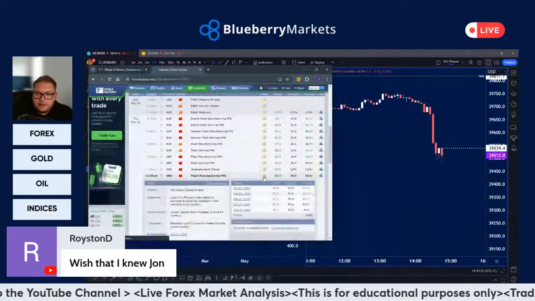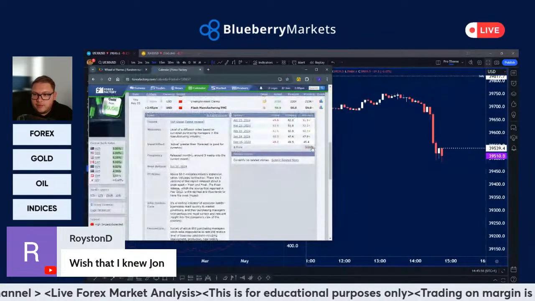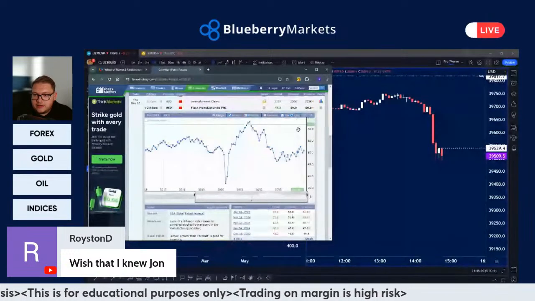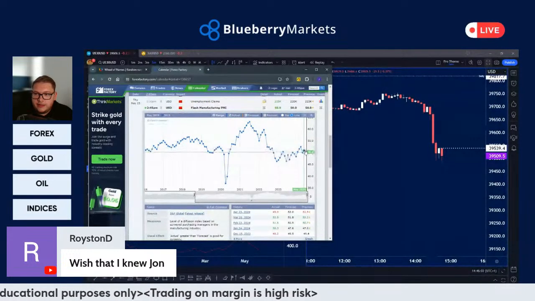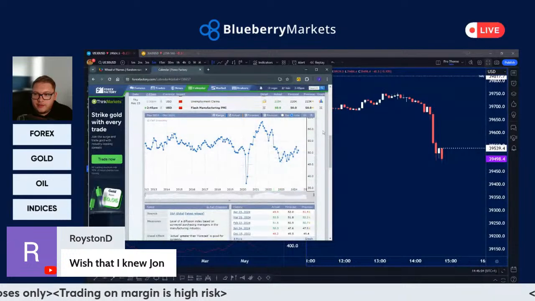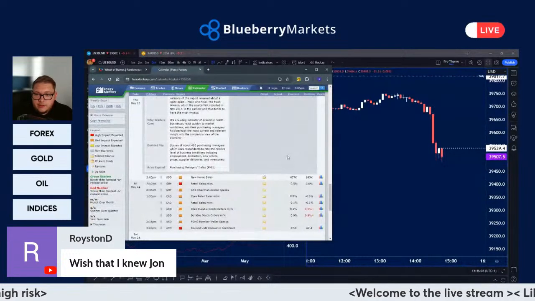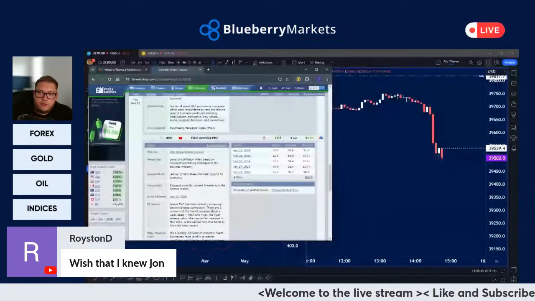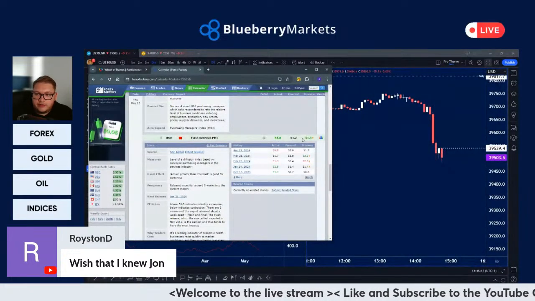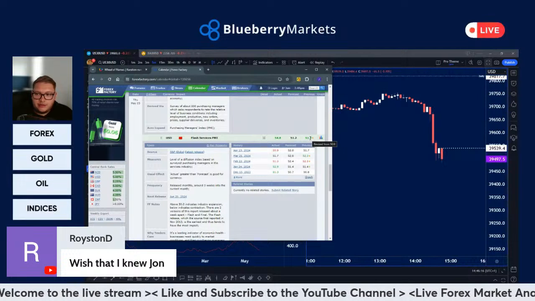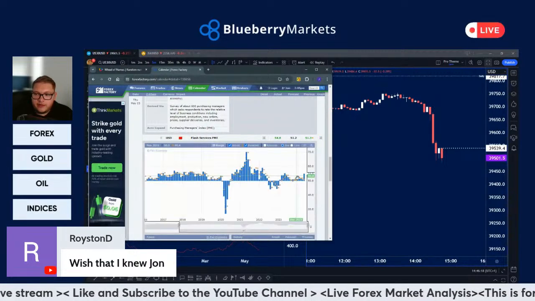We got flash manufacturing PMIs coming at 50.9, was forecast to be 50. So that's shown a little bit of growth on the manufacturing PMIs. And what did we get on the services PMI? Services PMI was pretty good, actually, 54.8 over 51.2. And we actually had a revision higher to 50.9 on the previous.